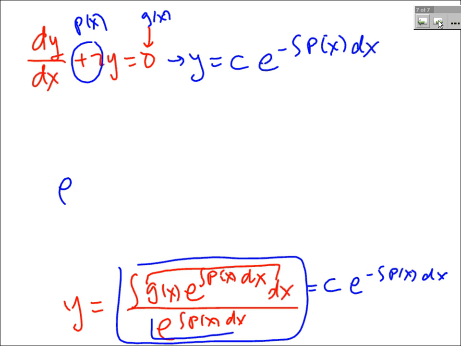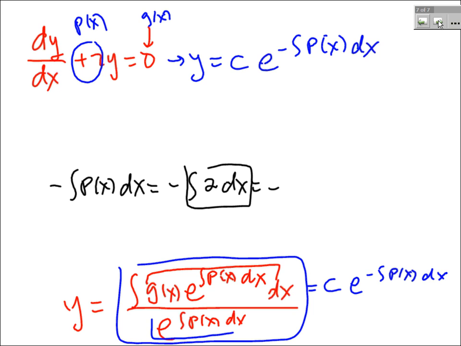Well, let's find out what this integral is. Let us find out what negative integral of p of x dx is. So there's the negative, there's the integral. P of x is positive 2 dx. So this integral is just 2x plus a constant, and the base of this is e.